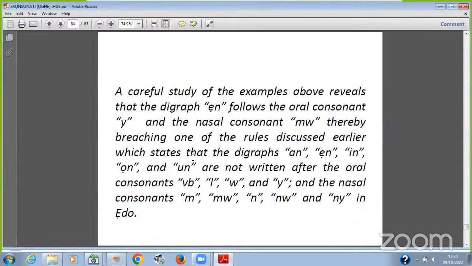A careful study of the examples above reveals that the digraph E subdot N follows the oral consonant Y and the nasal consonant MW, thereby breaching one of the rules discussed earlier, which states that the digraphs AN, E subdot N, IN, O subdot N, and UN are not written after the oral consonants VB, L, W, and Y, and the nasal consonants M, MW, N, NW, and NY in Edo.